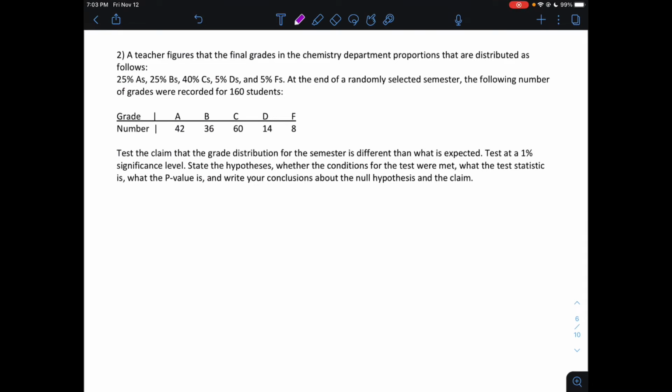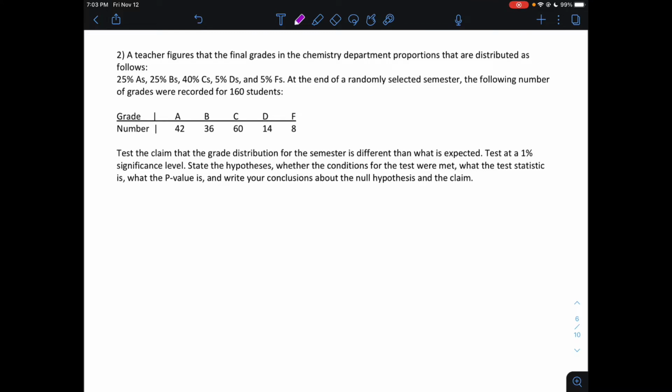Problem number 2 says, a teacher figures that the final grades in the chemistry department are distributed as follows: 25% A's, 25% B's, 40% C's, 5% D's, and 5% F's. So figures that this is how the final grades in the chemistry department will fall out. At the end of a randomly selected semester, the following number of grades were recorded for 160 students. Number of A's, 42, number of B's, 36, 60 C's, 14 D's, and 8 F's.